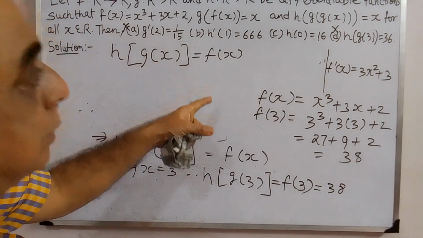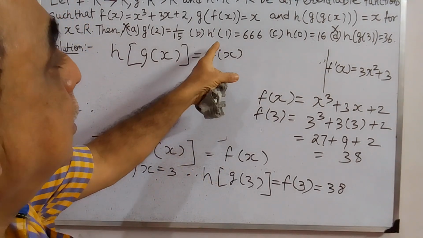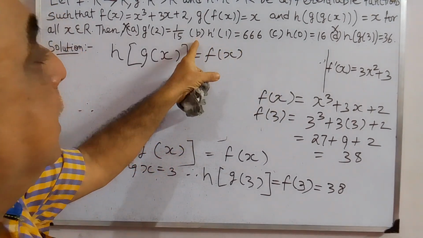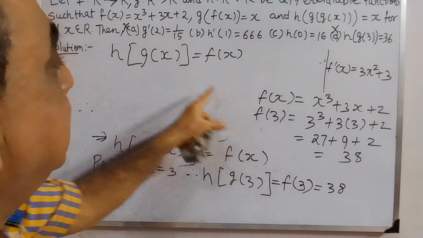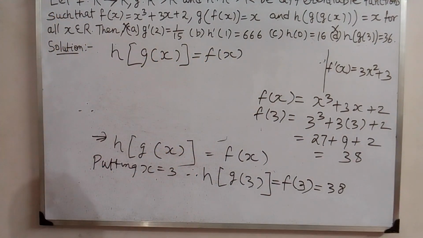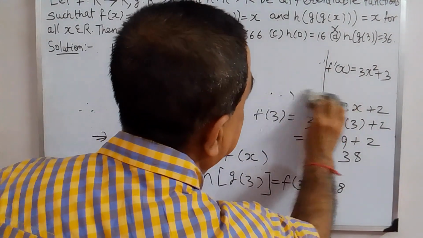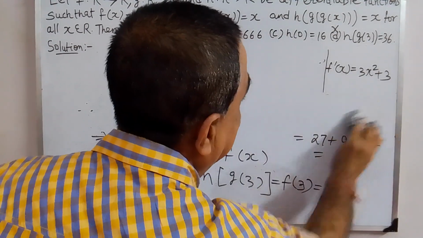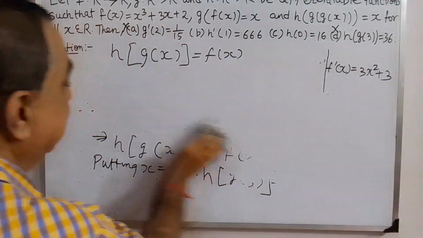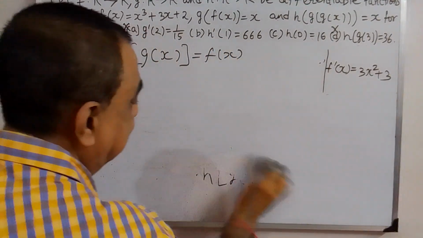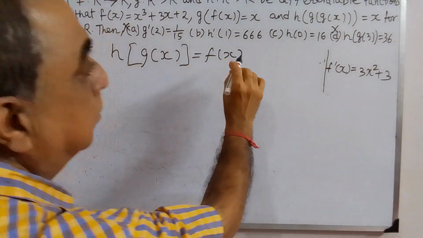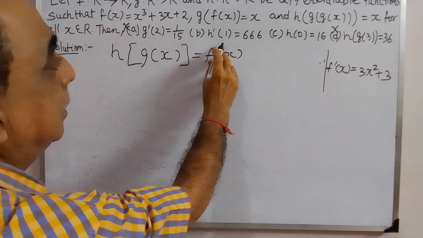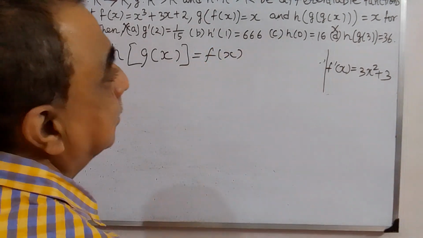Now we will use this equation for finding the answers of options B and C. Now see here, in B and C it is the function of h, but here there is no gx.